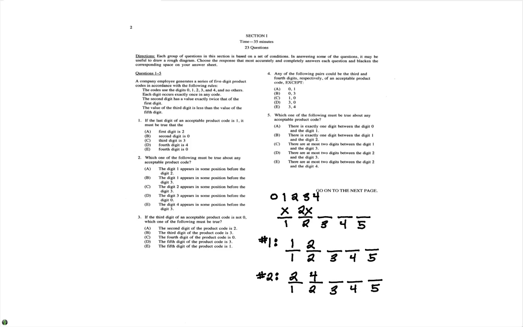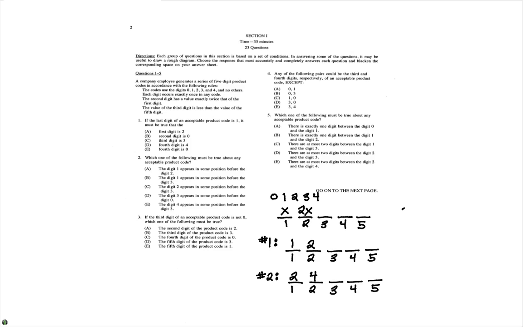Notice we can't have 3 go first because there is no 6. Obviously, can't have 4 go first because there is no 8. And you can't have 0 go first because exactly twice 0 is 0, and each digit occurs exactly once in any code. So now just checking the last rule here, the value of the third digit is less than the value of the fifth digit.